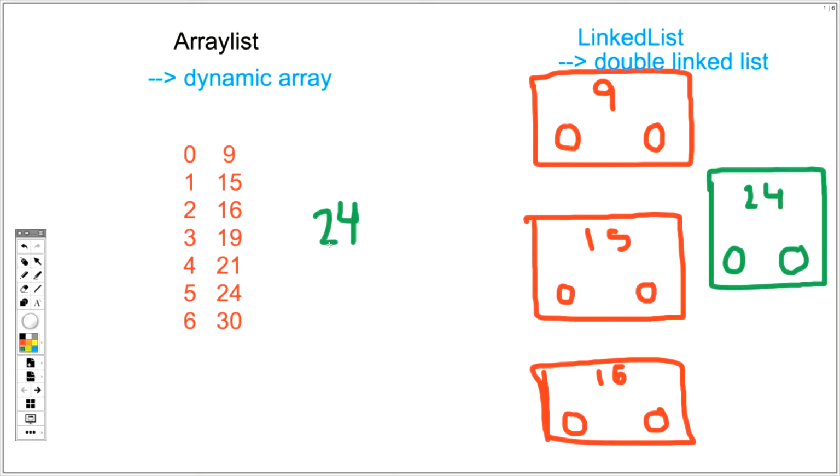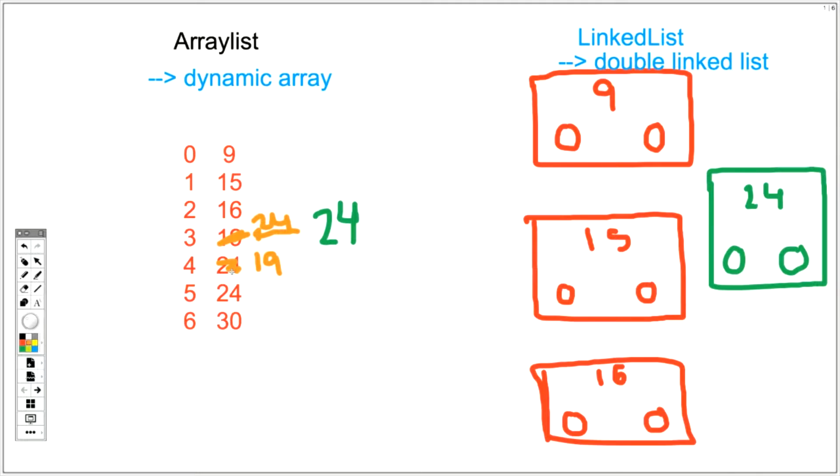If I want to insert a new number, 24, at index 3, just right in the middle of the array list, I would take this, and now 19 is no longer at index 3. It's 24, and 19 would be at index 4.